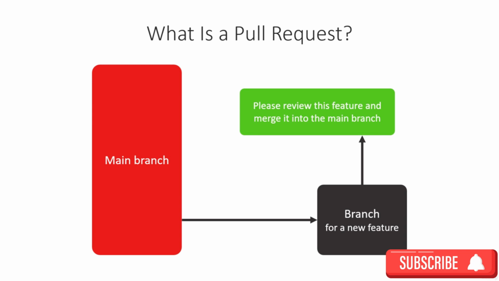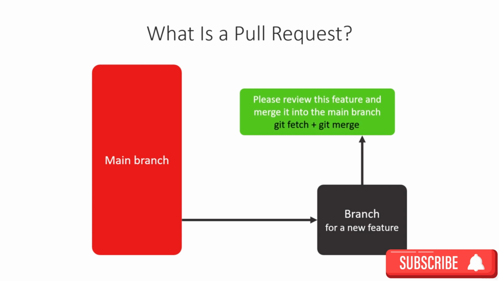Now, let's assume the feature is okay. If your teammate has not yet downloaded your branch, they need to fetch it before they can merge it. So, actually, they need the commands git fetch and git merge to merge your branch into the main branch. Now, as you know, the two commands git fetch and git merge can be executed in one go by using the git pull command.